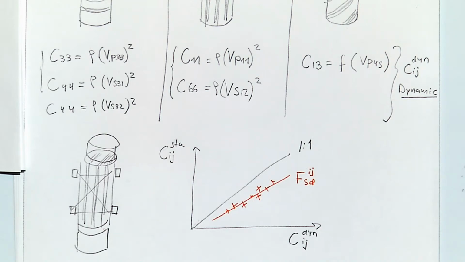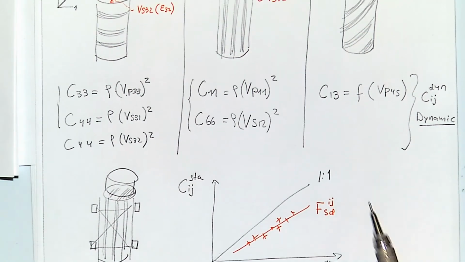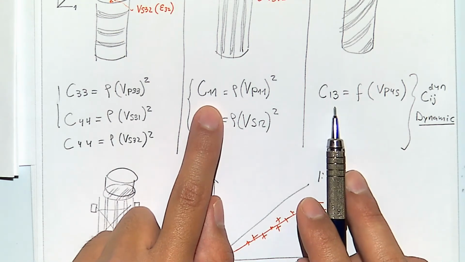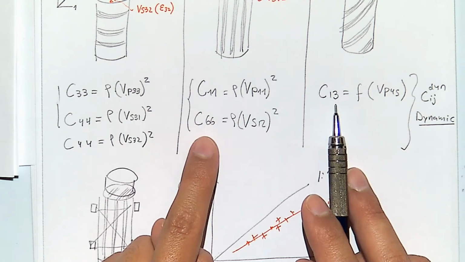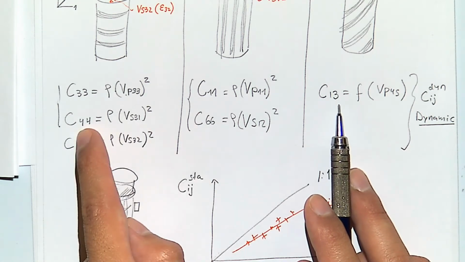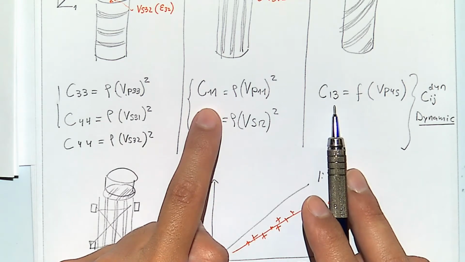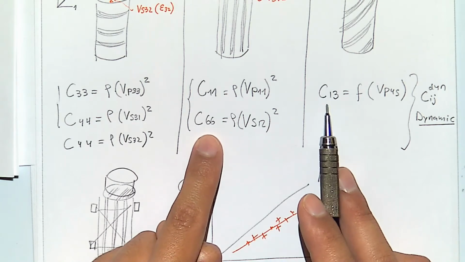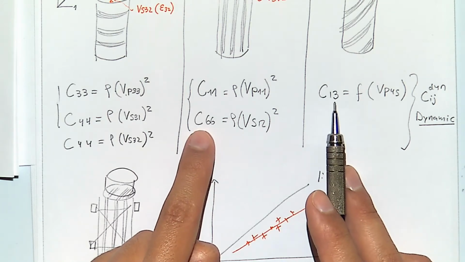How do you get those C13 to be static? Very good question. So the static, you cannot get it, right? There are some people that claim there are some methods that you can get it. But what is usually done is to make, for example, a correlation between C13 and let's say C66 or C44, and use that correlation in order to tell what is going to be C13 as a function of the other.